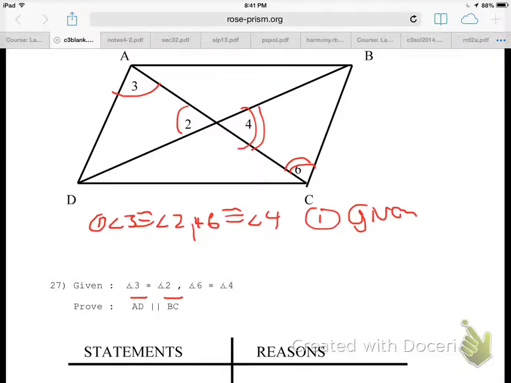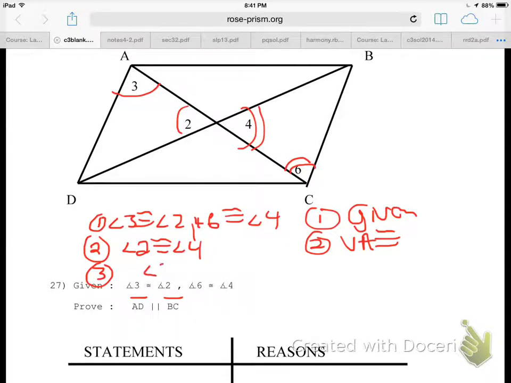So what we're going to notice is that angle 2 and angle 4 are vertical angles. We're going to say angle 2 is congruent to angle 4, and our reason is going to be vertical angles are congruent. Once we've got that, we can make a substitution. We can say that angle 3 is congruent to angle 6. It's actually two substitutions. It's putting 3 in place of 2 and 4 in place of 6. Substitution.